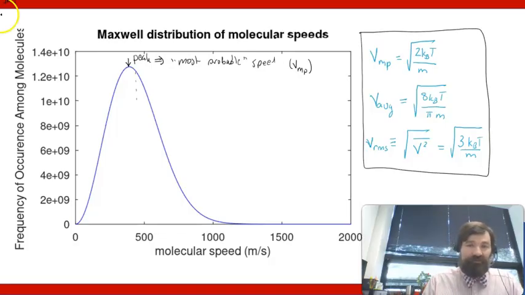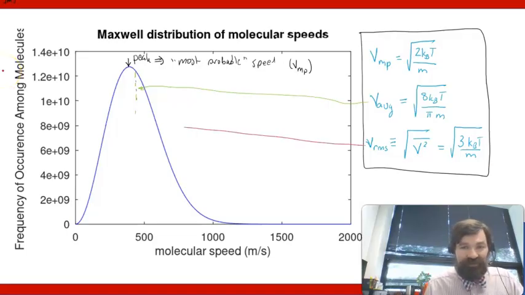And if I were to label them on here, maybe in colors, I'm going to label this guy in green. This is typically going to be somewhere in here. So this might represent my average speed, and then my RMS speed is typically going to be higher still.